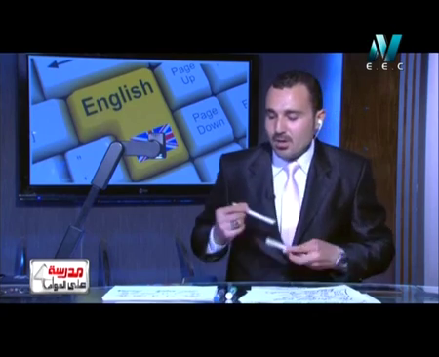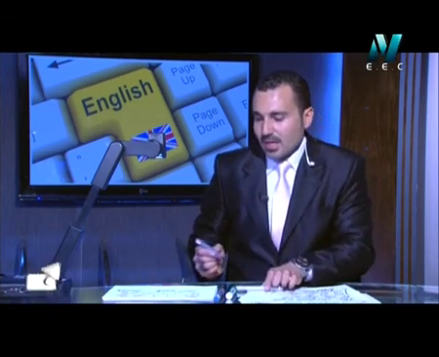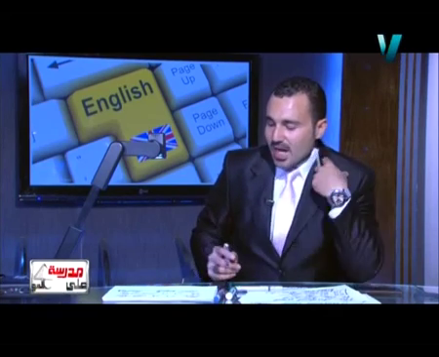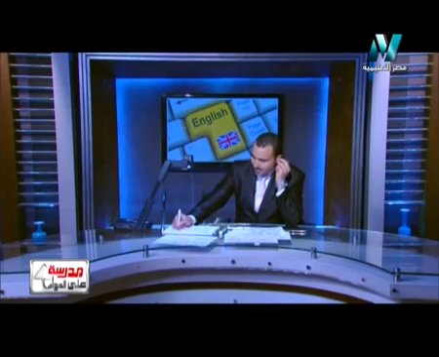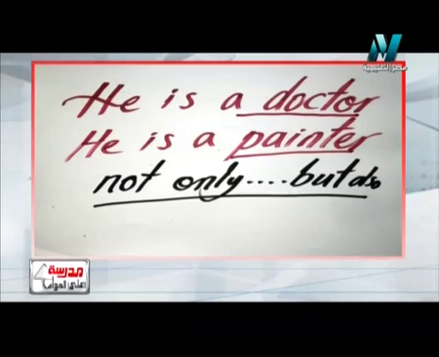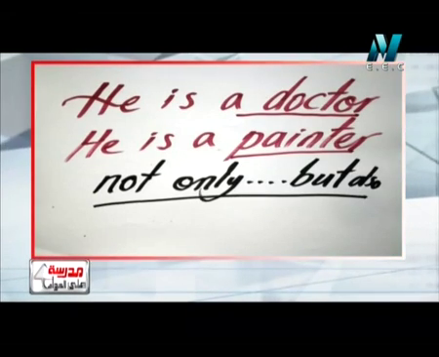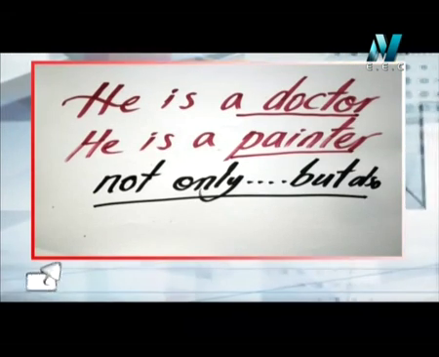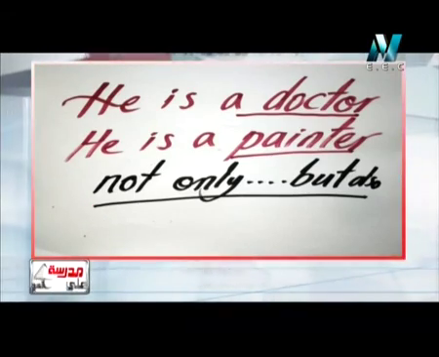Let's see. He is a doctor, he is a painter. What are the options we have here? Yes, a doctor, a painter. So how can we use not only but also to connect the two sentences?